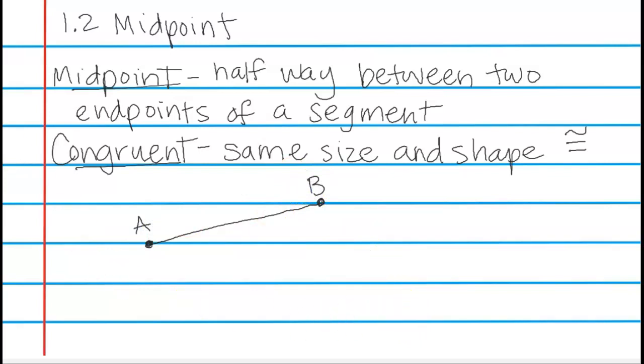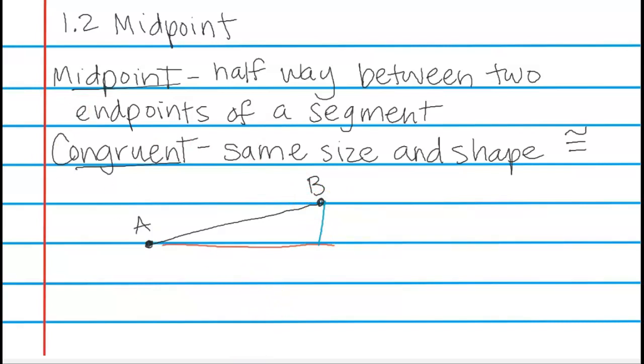So to find the midpoint of these two points, I want to look at the vertical and horizontal distance. And that was actually horizontal that I just drew. And here we are vertical.